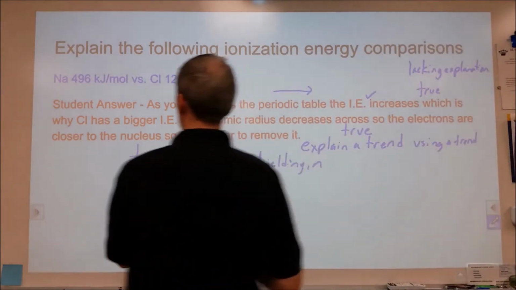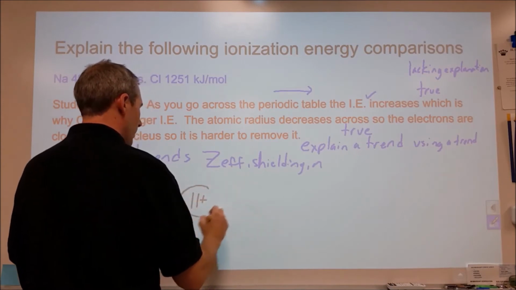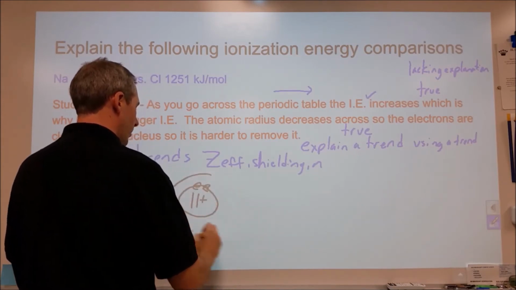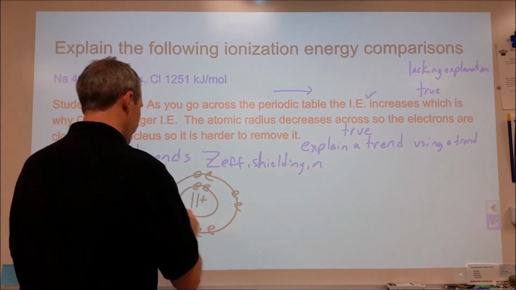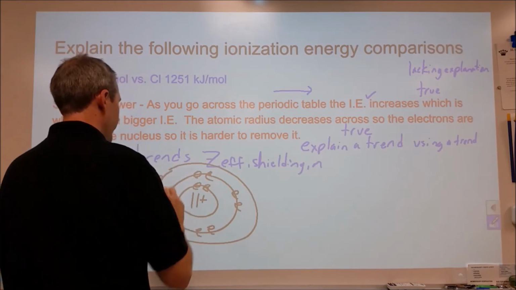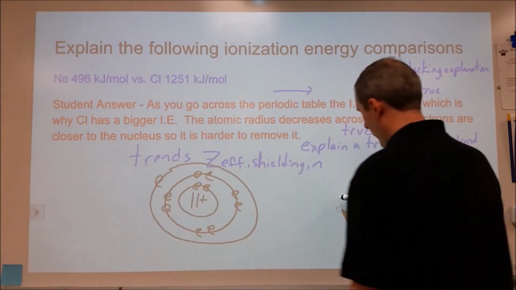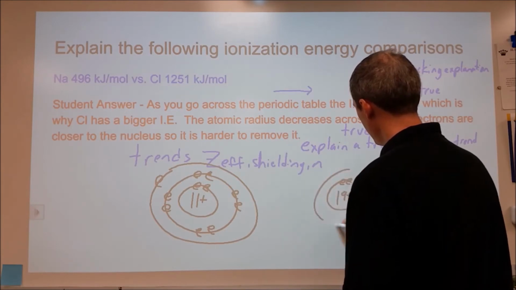Now, let's go ahead and look at these, and let's draw some Bohr model atoms of this. So we have sodium here with 11 protons and 11 electrons. There's our valence electron. And then we also have chlorine, which has 19 protons, 19 electrons.